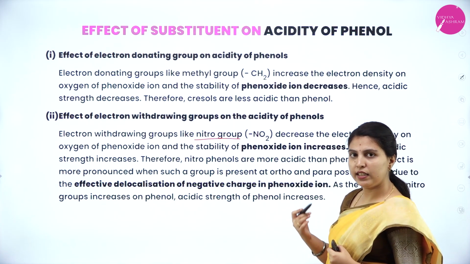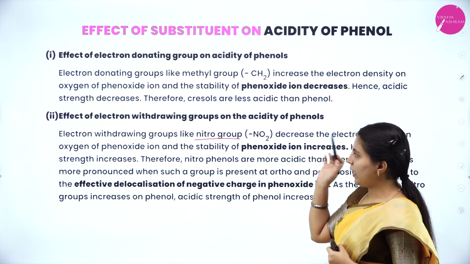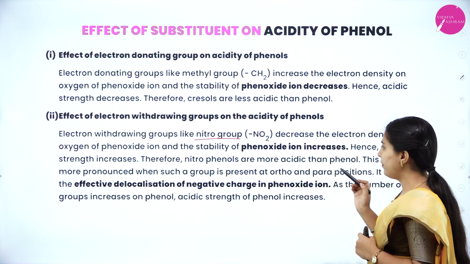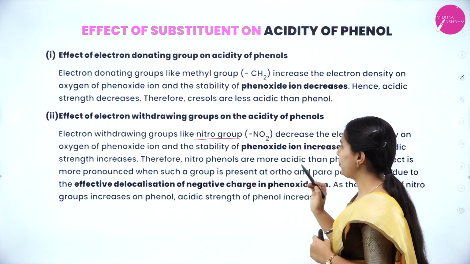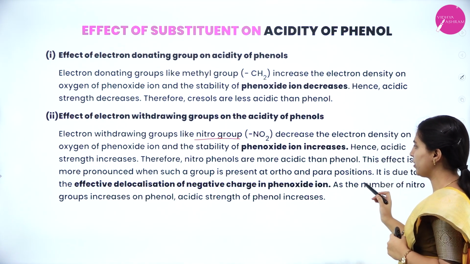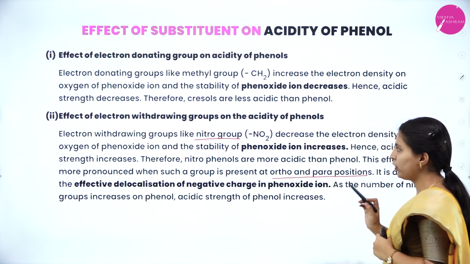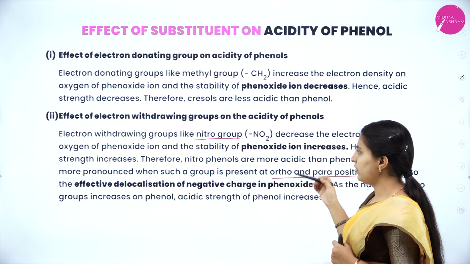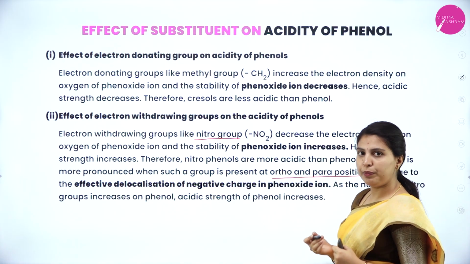Acidity increases when an electron withdrawing group substituent is attached to the phenol. This effect is more pronounced when such a group is present at ortho and para positions. When the electron withdrawing group is attached at ortho and para positions, the increase in acidity will be seen more.